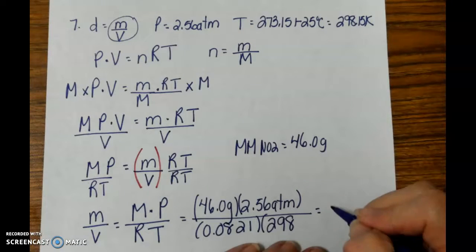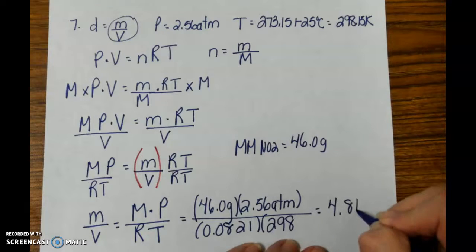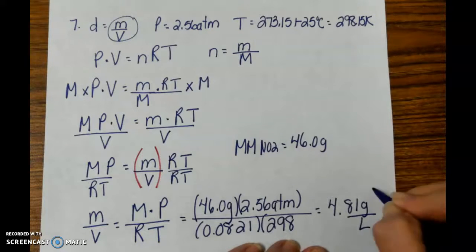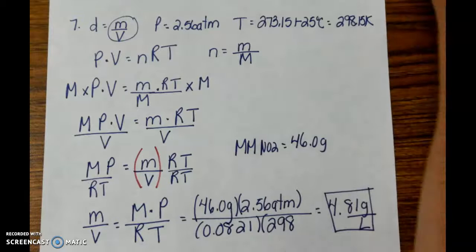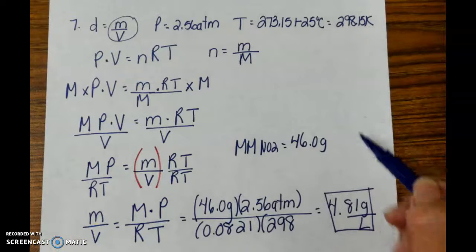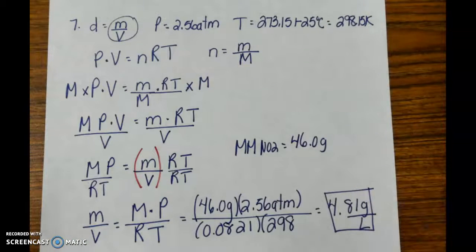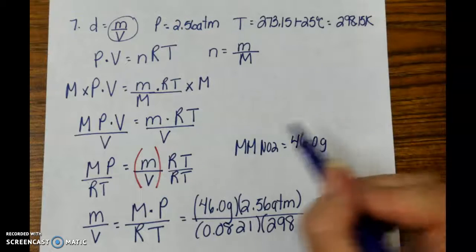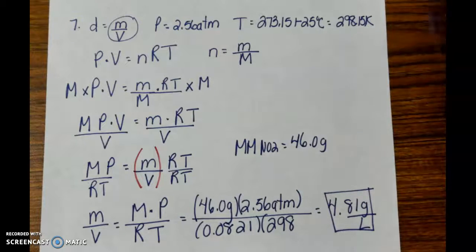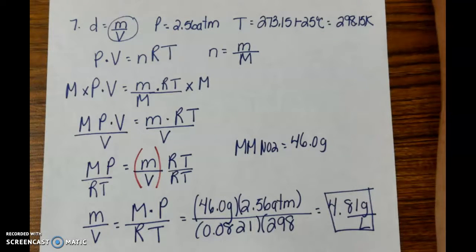My density is 4.81 grams per liter. So make sure that you note that we know mass is in grams, but in this case, because it's in the ideal gas law, volume is in liters.